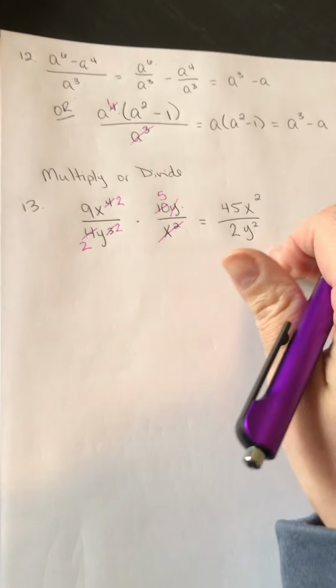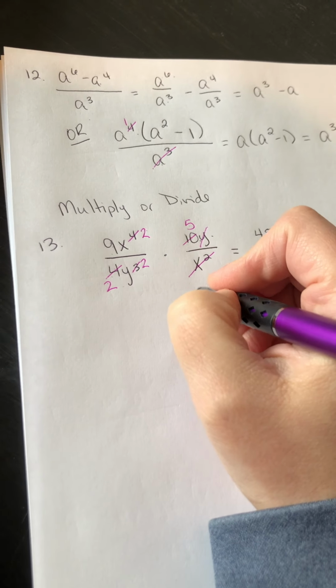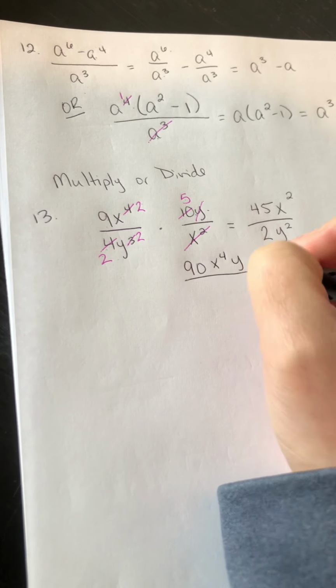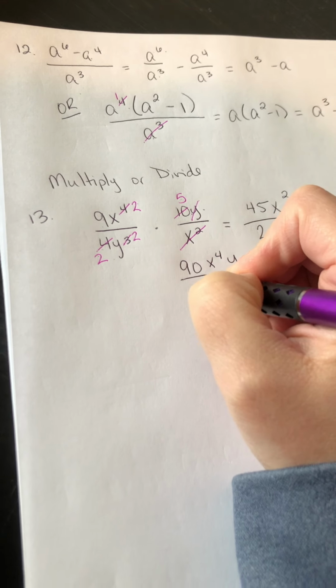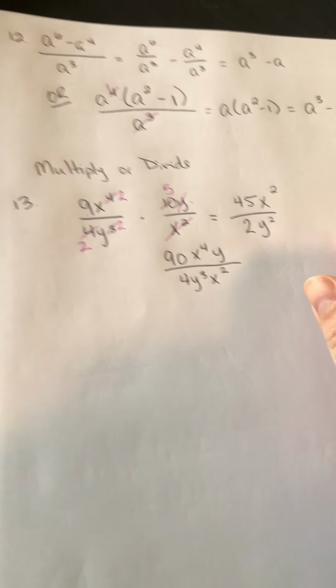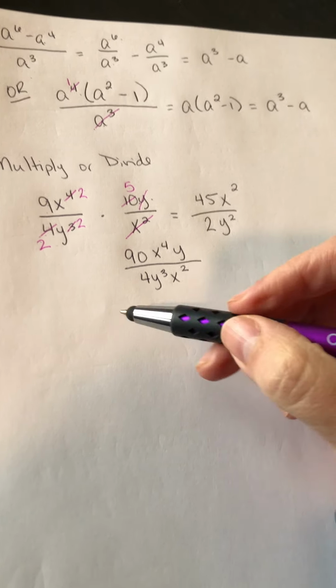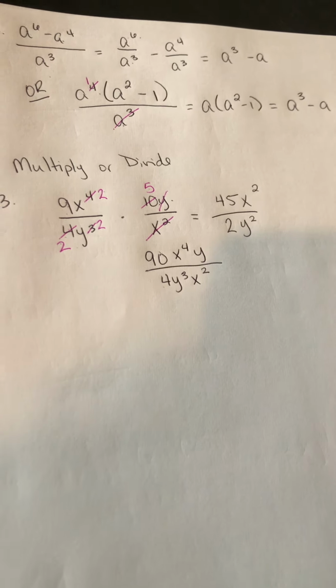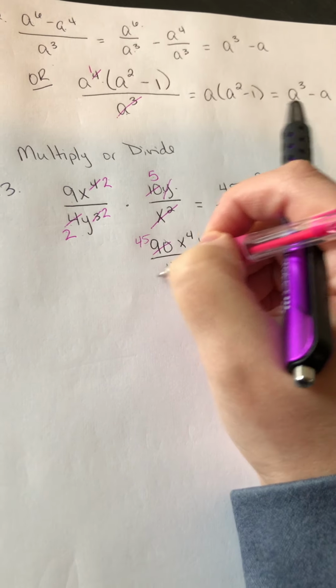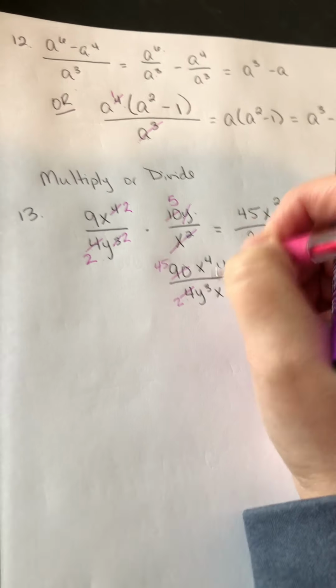Now, like I said, you'd get the same answer if you multiplied first, so you would have 90x to the fourth y over 4, got everything crossed out here, make sure I get it right. Or I could have rewrote that and wrote x first, but anyways. So when you did this, you could simplify 90 divided by 4, you'd take out a 2, you'd get 45 and 2, which is what we have here.